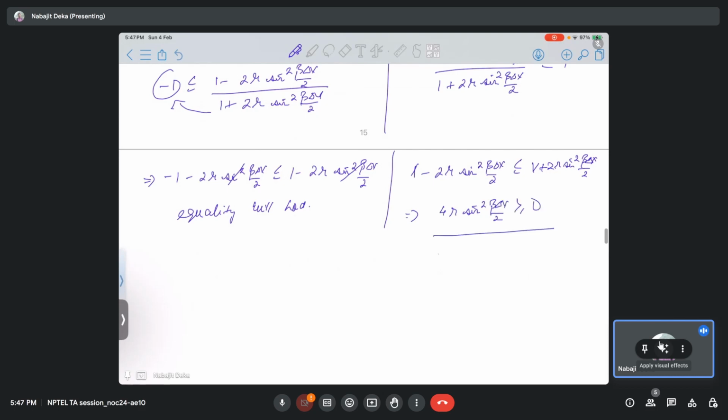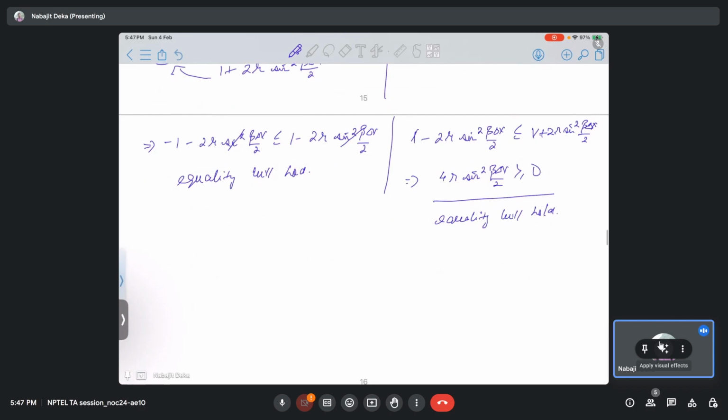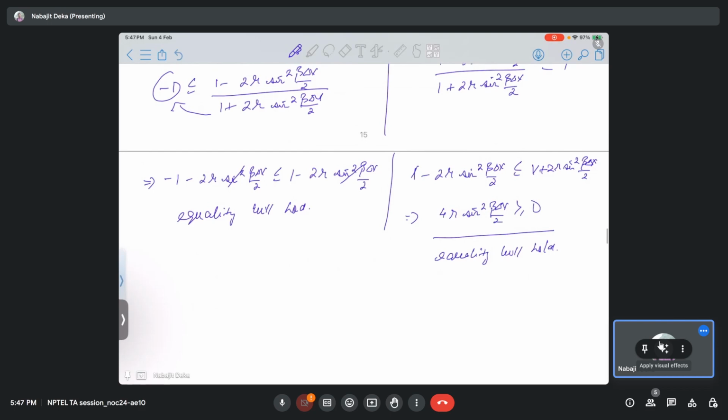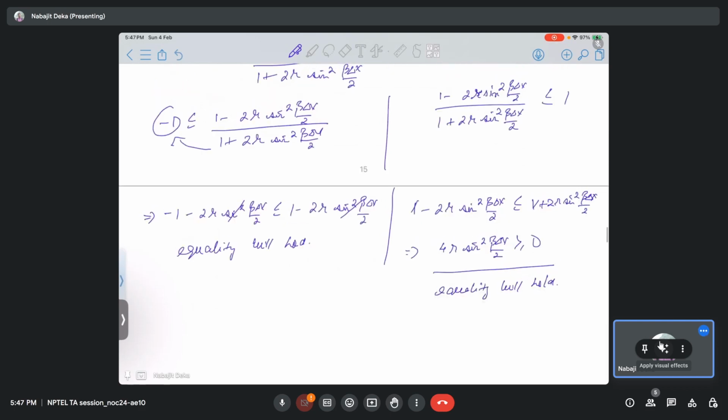So this will also hold for all values of r. We don't need to put any condition, because sine square is anyway greater than 4r.